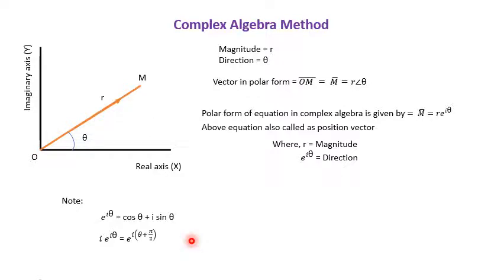Next, suppose i is multiplied by e to the power of i theta, that is, the imaginary number multiplied by e to the power of i theta. Then in order to eliminate this imaginary number i, we have to add 90 degrees to the existing angle. The existing angle is theta. If we add 90 degrees to this theta, this i will be eliminated.